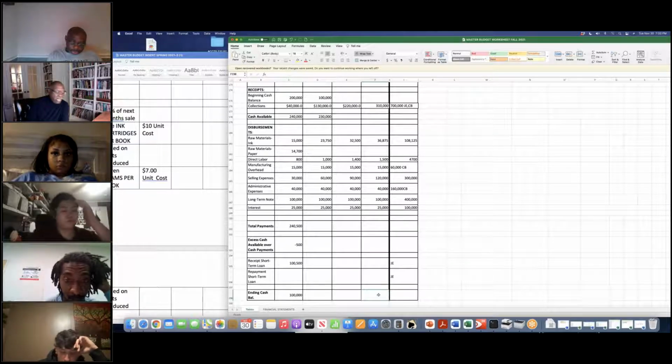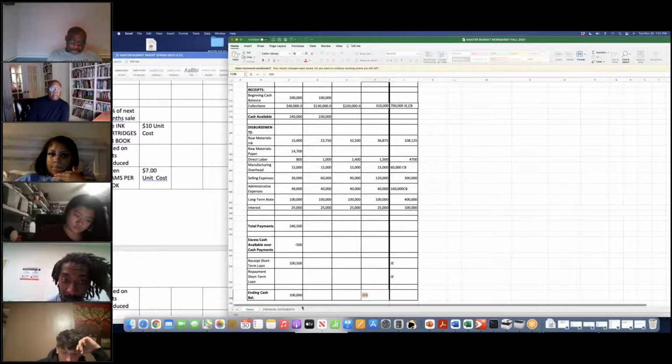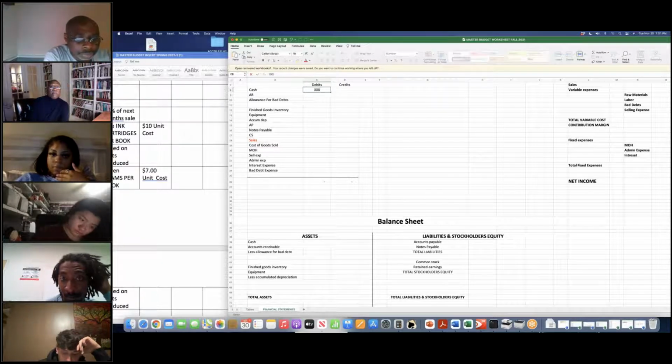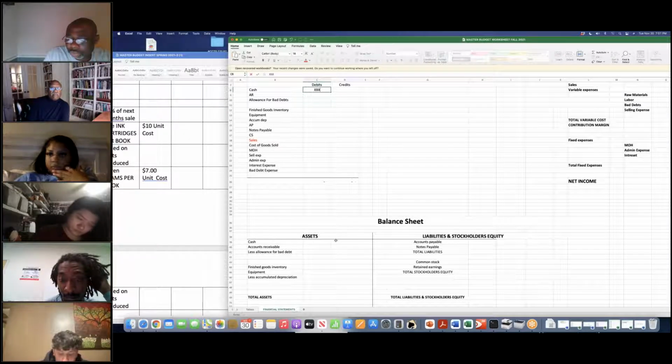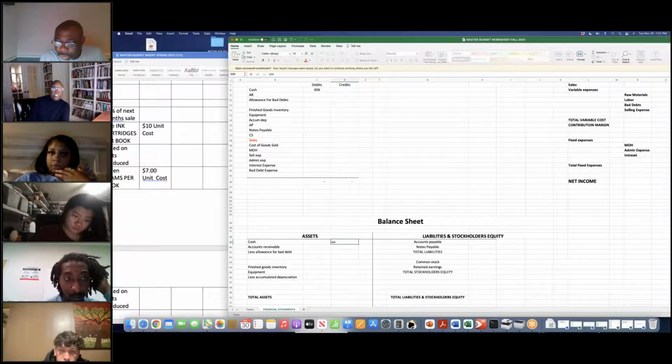I better put some X's in here in red. I put 3 of them in here. So whatever this ending cash is here, when you get over here, that same number has to be here, and it has to be here too. Then you tie it in.